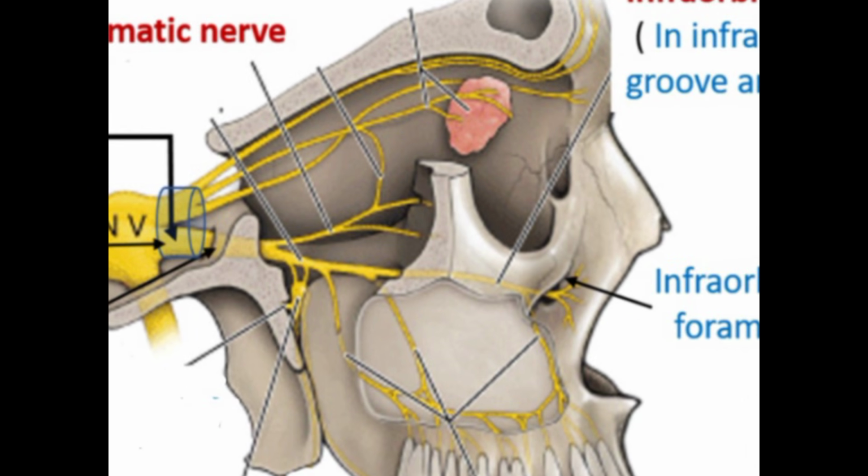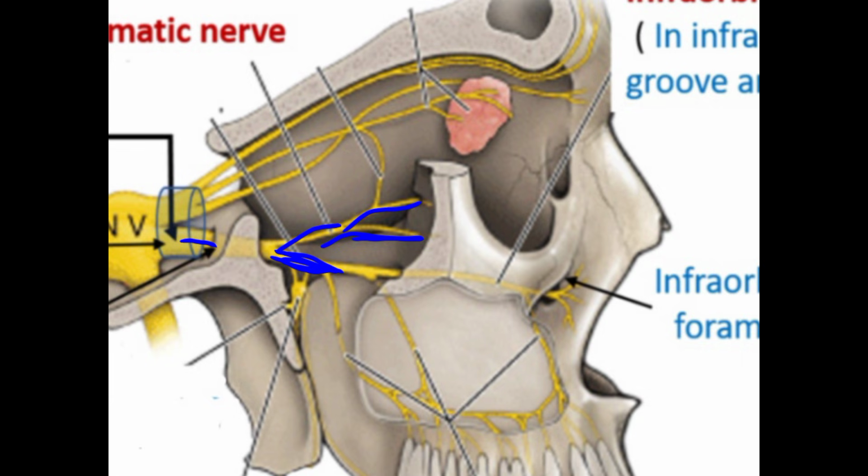Observe this picture. This is the maxillary division of trigeminal. This maxillary nerve gives a zygomatic branch. That zygomatic branch divides into zygomaticotemporal and zygomaticofacial.